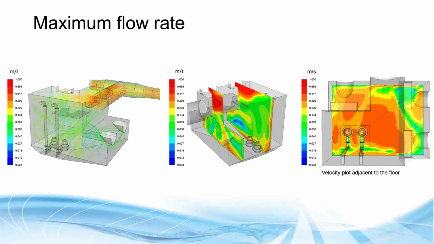We found that it then formed recirculation zones, and at maximum flow, if you can tell from the plots, the velocities were very high within the inlet pipe and very close to the exit, and then these remained reasonably high at about 0.3 meters per second, at least across the back of the chamber and the base.